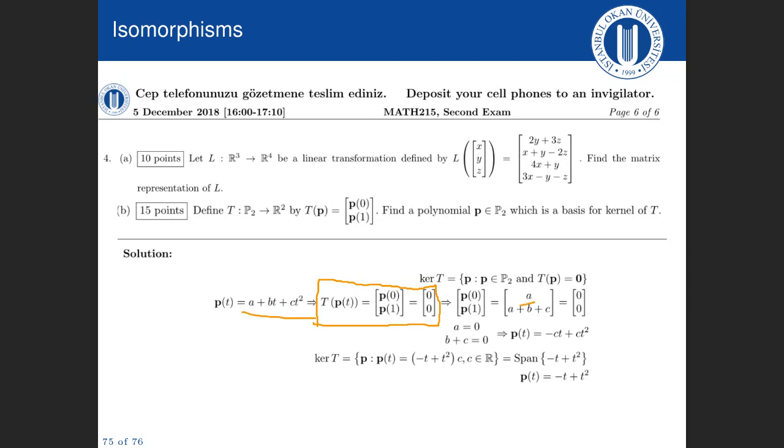P of 0 is just A and P of 1 is A plus B plus C. So we want to find all of the A, B, C such that A is 0 and A plus B plus C is 0. Well, we know how to do that. A must be 0 and B plus C must be 0. So our polynomial must be of the form minus CT plus CT squared.